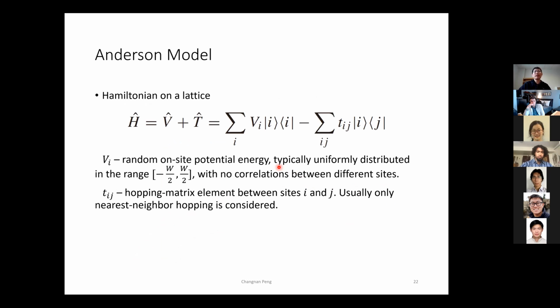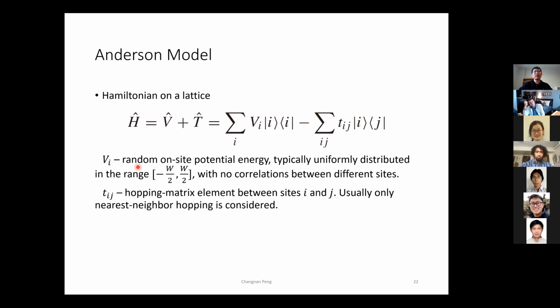So finally, let's talk about the Anderson model, which simplifies everything into a toy lattice model, where we have hopping between different sites and an on-site random potential on each site. And there's no correlation between different sites.